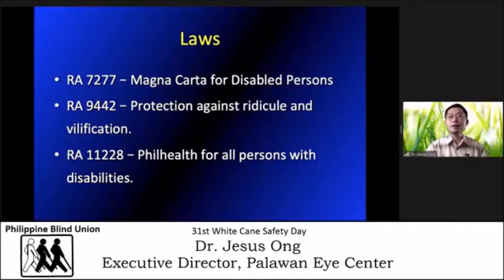So it's important for you to understand na lahat kayong may visual disability ay entitled na right away without having to pay for any PhilHealth premium or PhilHealth benefits. I hope lahat kayong mga may visual disability ay may PhilHealth membership na po, no, sa ngayon. Okay?